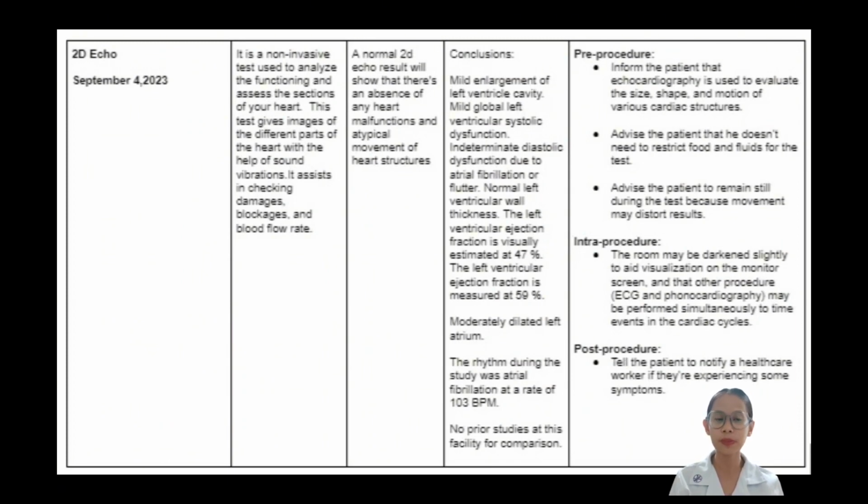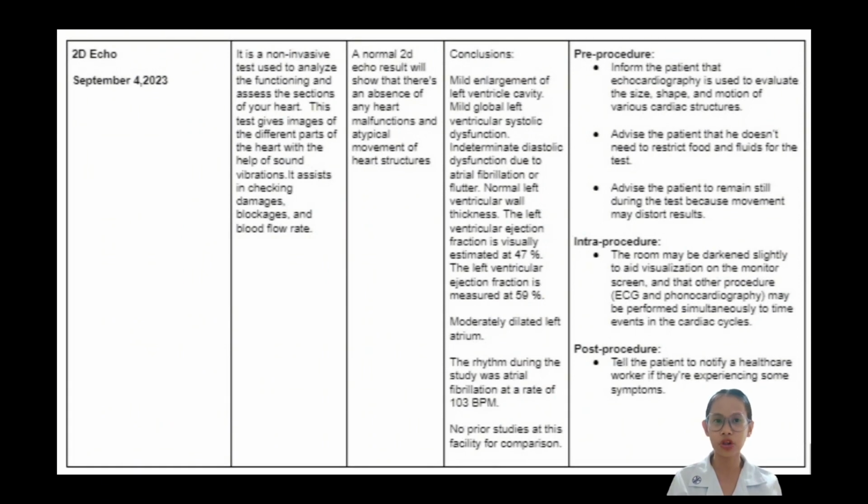For the results of the patient: mild enlargement of left ventricle cavity, mild global left ventricular systolic dysfunction, indeterminate systolic dysfunction due to atrial fibrillation or flutter, and normal left ventricular wall thickness.